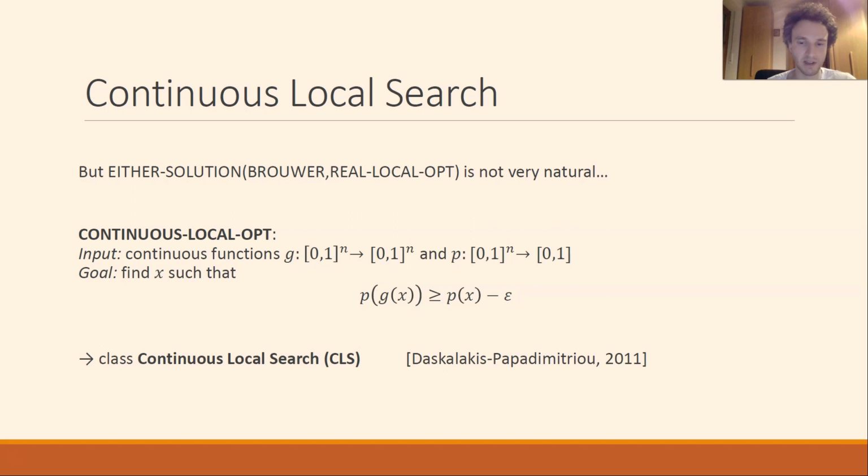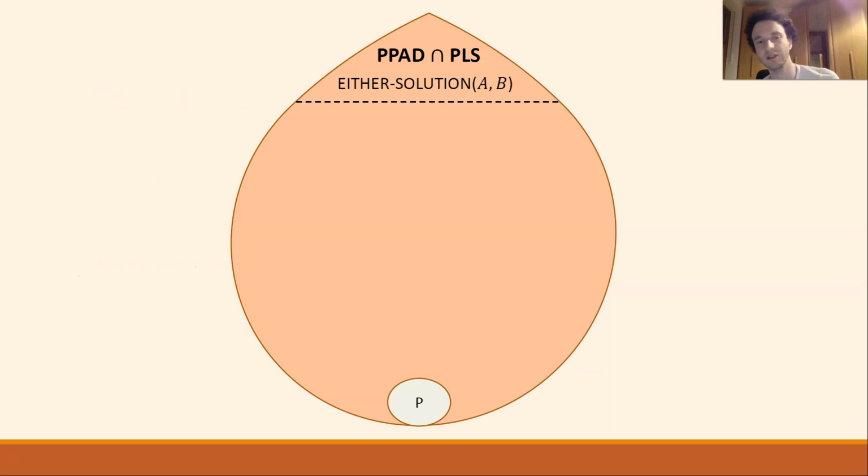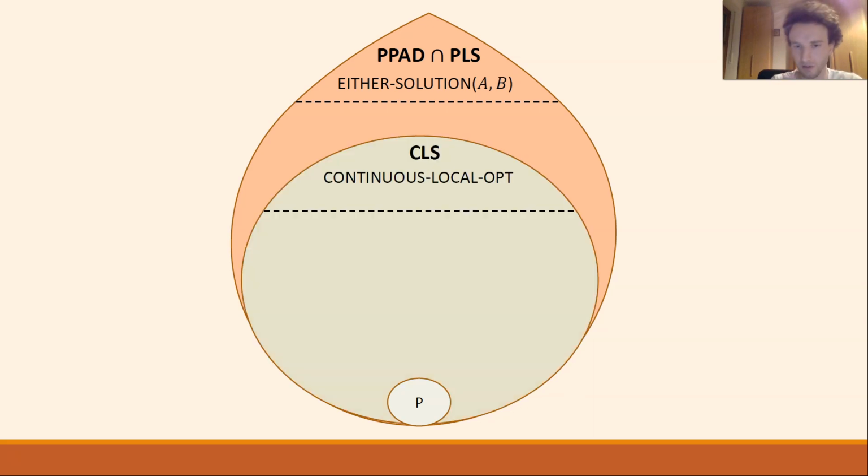So as Kalakis and Papadimitriou said, let's define a class based on this problem, the class CLS, which stands for continuous local search. So let's go back to a picture, zoomed in to just PPAD intersection PLS, which has these weird complete problems, either solution. And we have this new class CLS, defined using the complete problem continuous local opt.